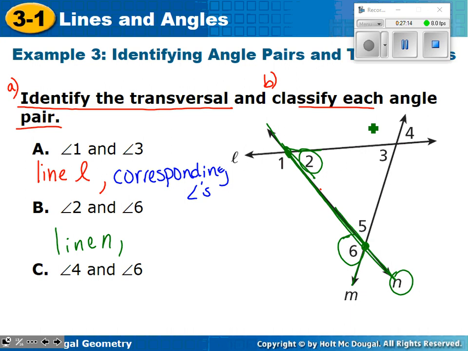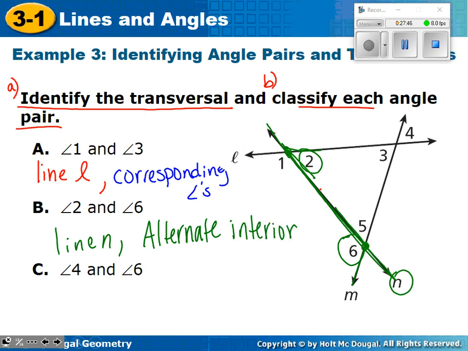Okay, so again, if this is the transversal, they're on opposite sides, so that makes them alternate. Are they alternate interior or alternate exterior? Okay, so look at the other 2 lines that are not the transversal. Are they in between those 2 lines? Yes, they're not outside those 2 lines. That would be somewhere up here or somewhere out here. But in between those 2 lines are 2 and 6. So it's alternate interior.